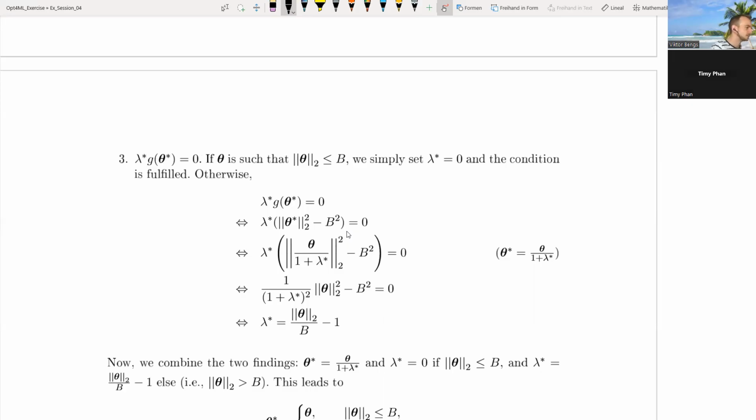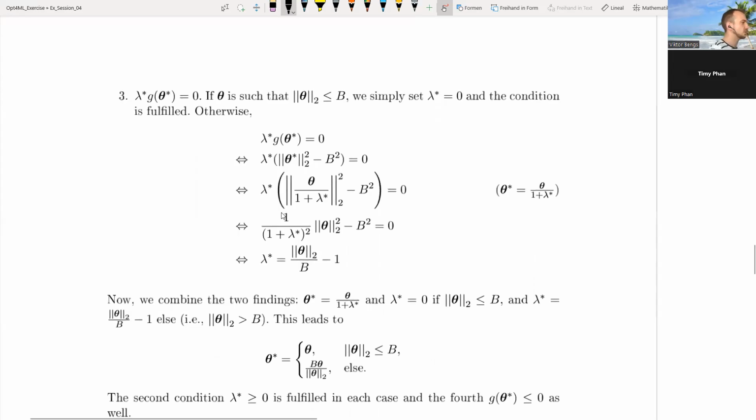And if this is not the case, if theta is having a Euclidean norm greater than b, we now specify an explicit condition on the lambda star, and we get this by the following equivalence consideration.